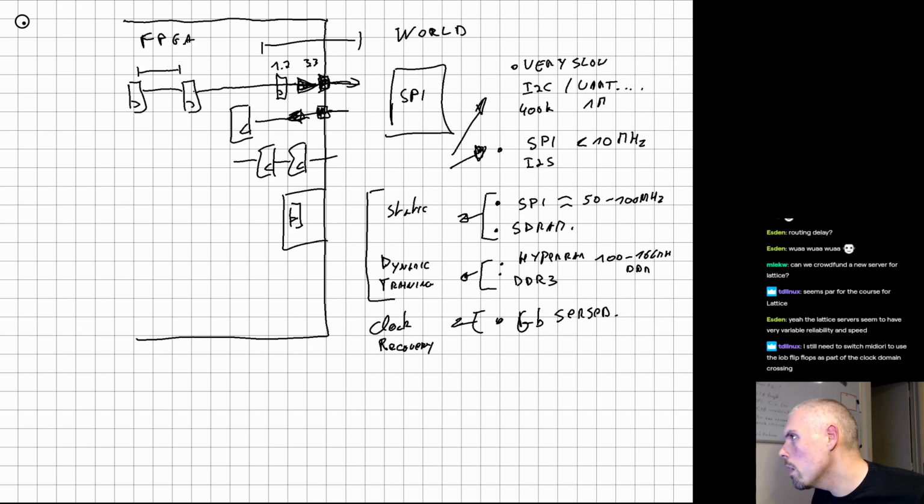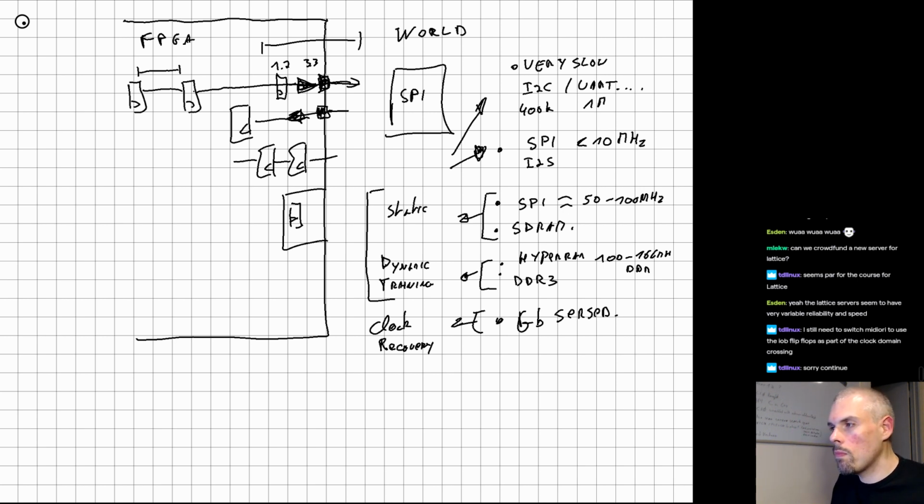Use the IOB as part of the clock domain crossing? You mean from the outside to the... It's not really a clock domain crossing from the inside to the outside, but... Or you mean from the outside to the inside? But yeah, you need to use those to have consistent timing, because else you might find that you generate your bit stream, it works, then you do some change that are completely unrelated, regenerate.